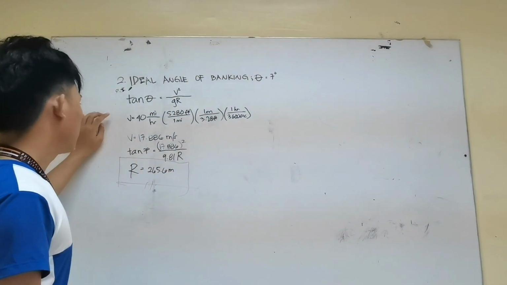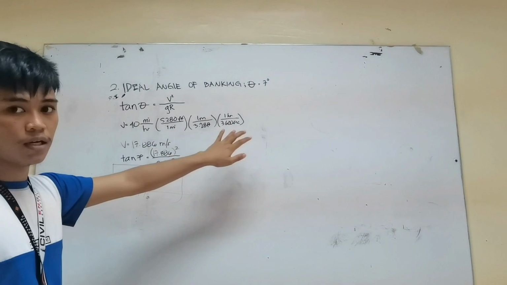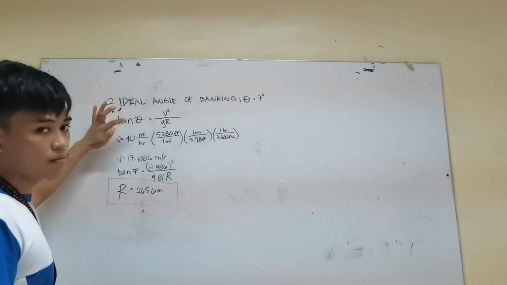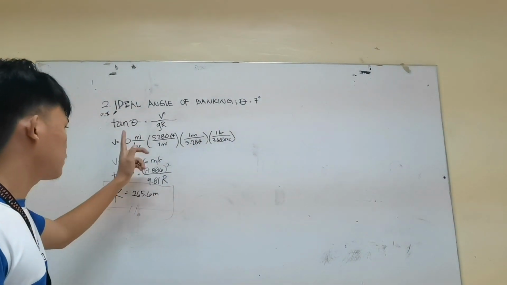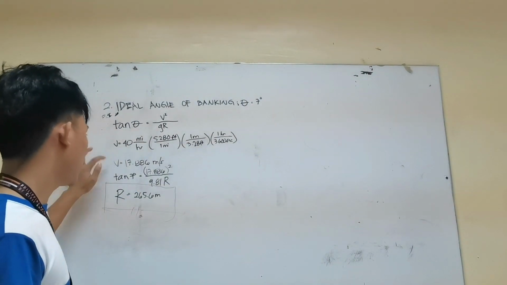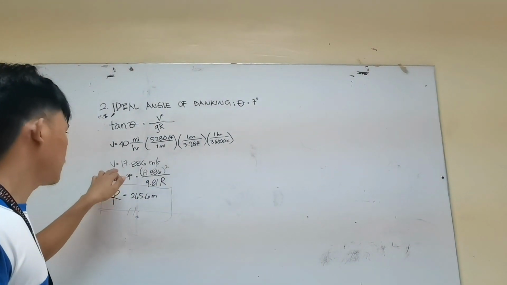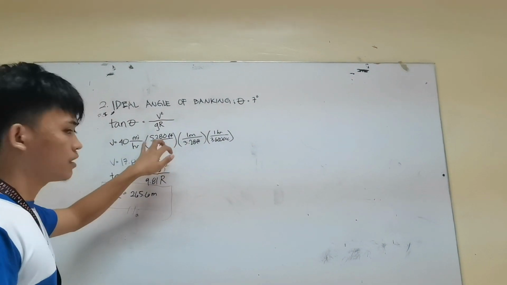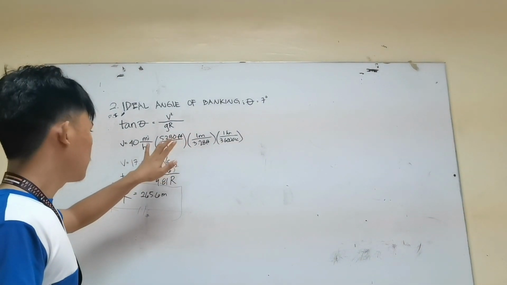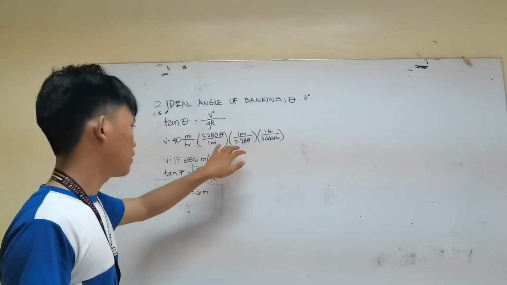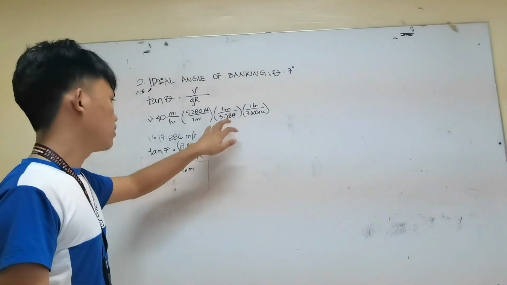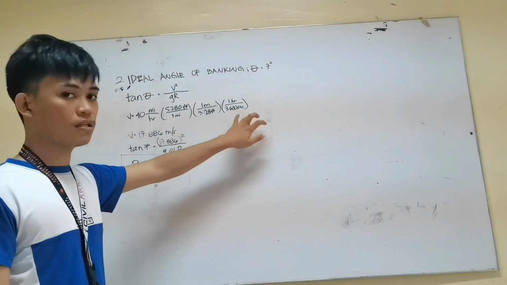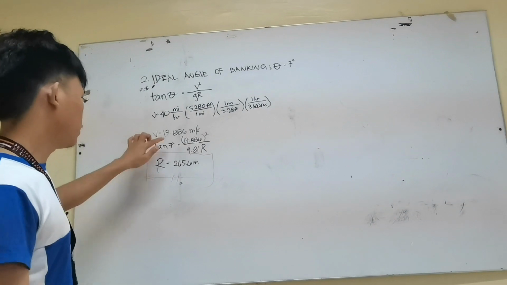We have quantities to convert. 40 miles per hour times 5,280 feet over 1 mile, times 1 meter over 3.28 feet, times 1 hour over 3,600 seconds.